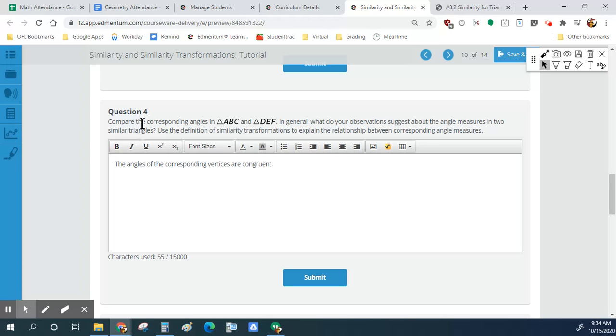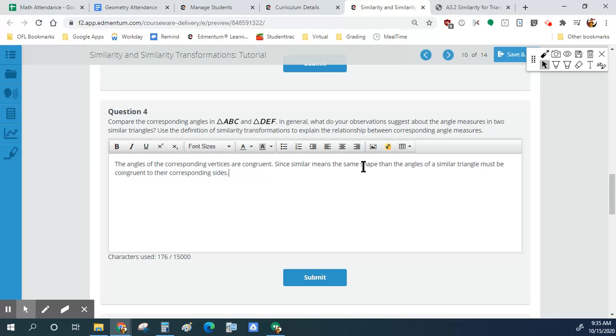Use the definition of similarities to explain the relationship. Since similar means the same shape, then the angles of a similar triangle must be congruent to their corresponding side.